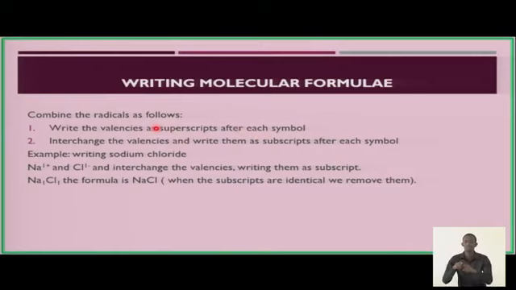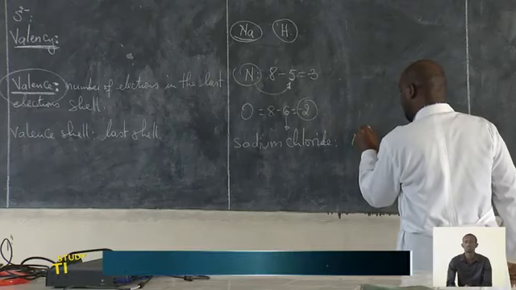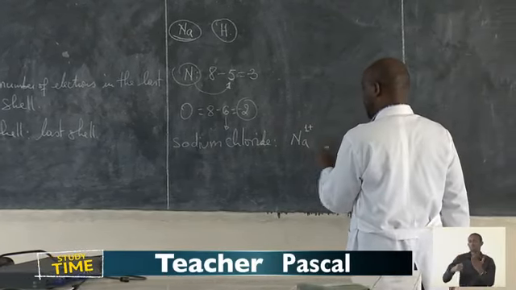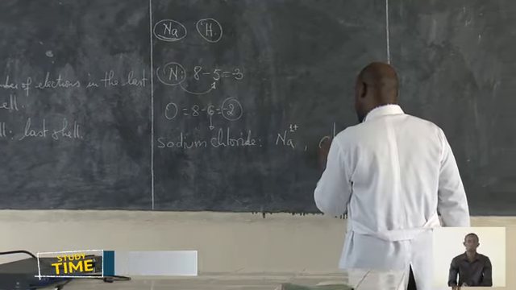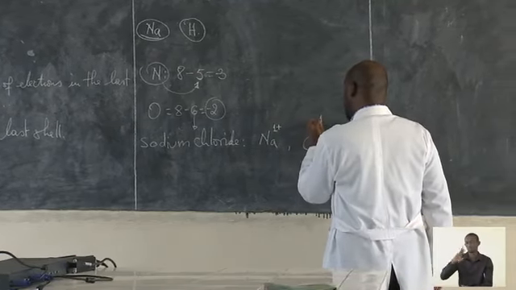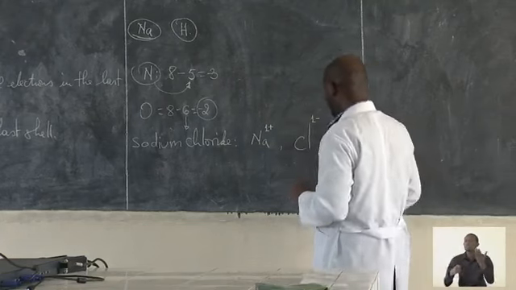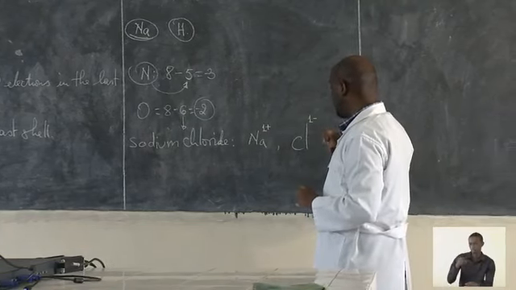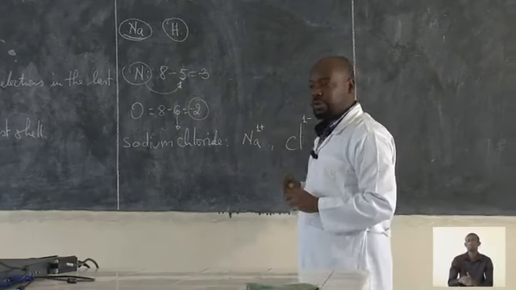The symbol we have here is sodium with a valence of 1, and we write it as a superscript. We also have the chloride ion, which has 1 negative as its valency, and we will also write it as a superscript.